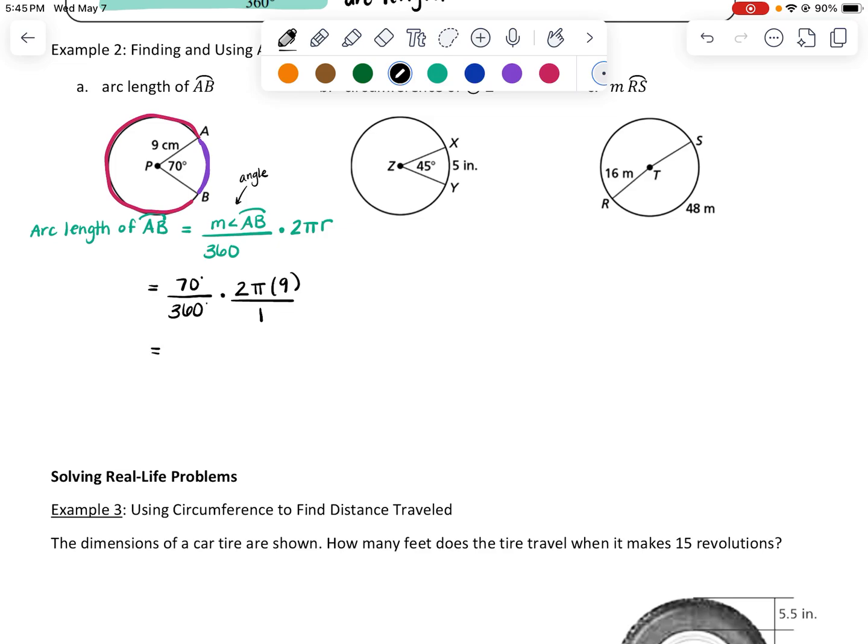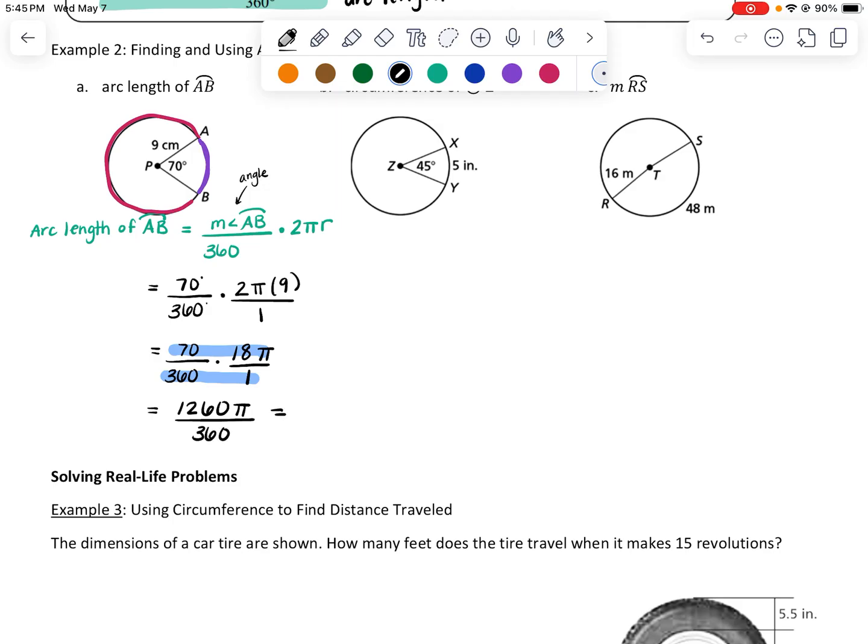So I get 70 over 360 times 18 pi over 1. And again, I'm going to go straight across here to combine, and I'm not including the pi. I want an exact answer first. So I'm going to go ahead and go 70 times 18, and I get 1260 pi over 360.